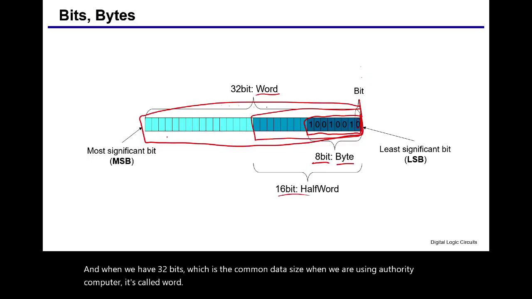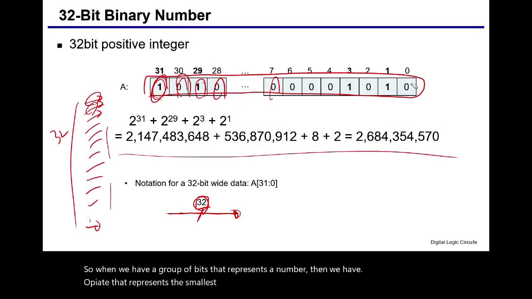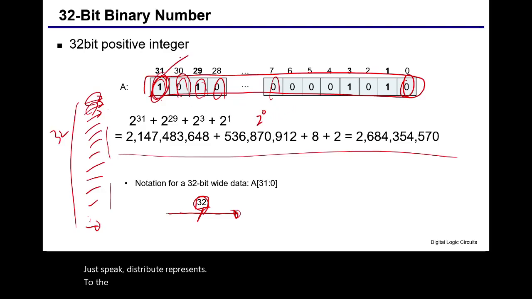When we have a group of bits that represents a number, one bit represents the smallest number, 2 to the 0, and another bit represents the largest number in our digits, 2 to the 31.